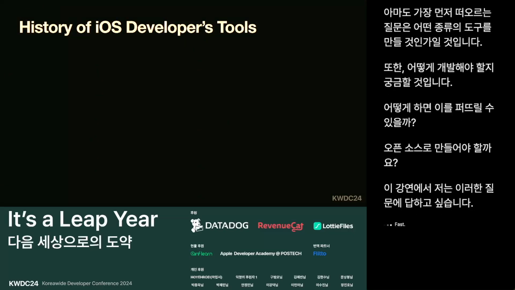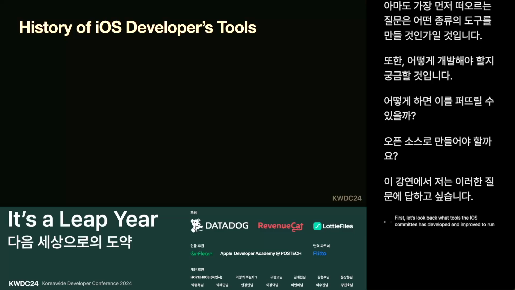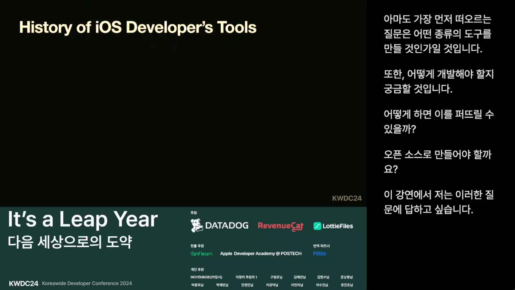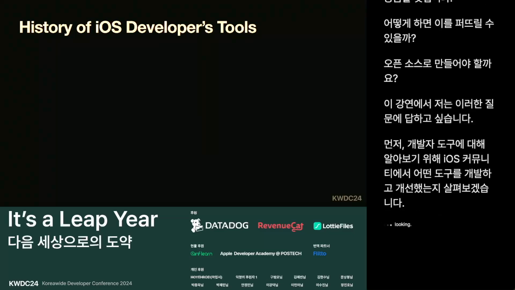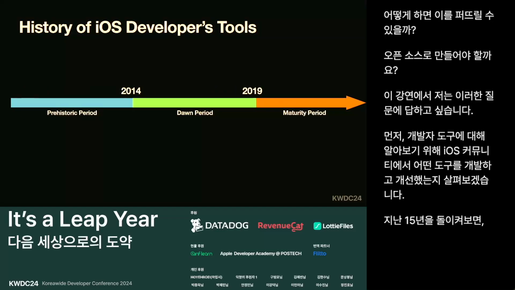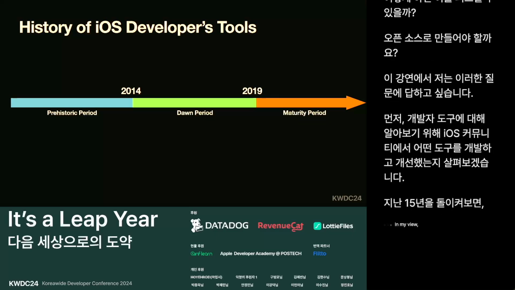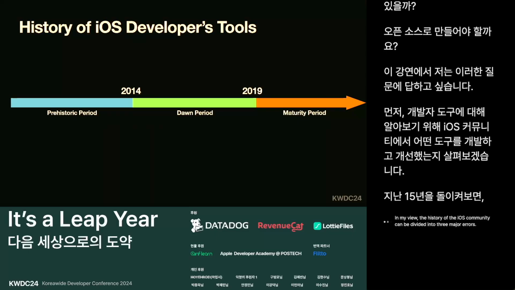First, let's look back at what tools the iOS community has developed and improved to learn about developer tools. Looking back over the past 15 years or so, in my view, the history of the iOS community can be divided into three major eras.